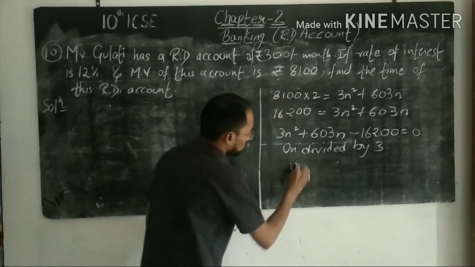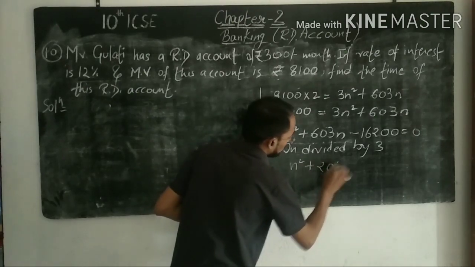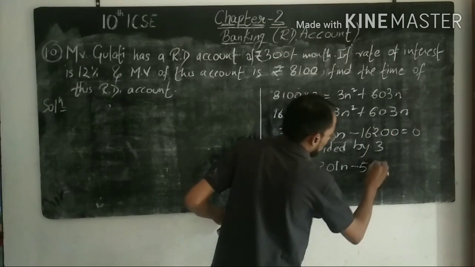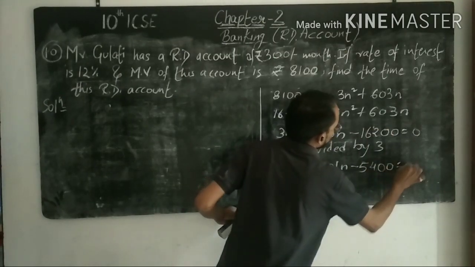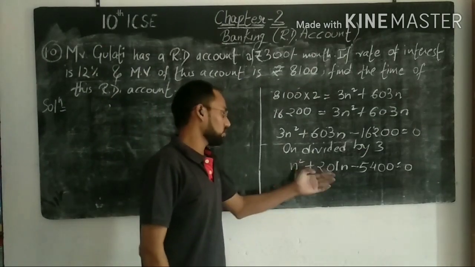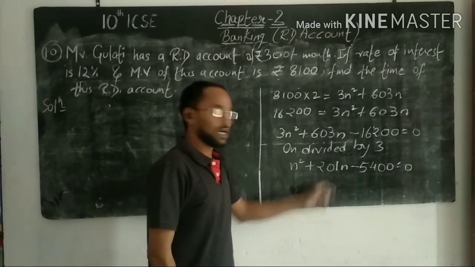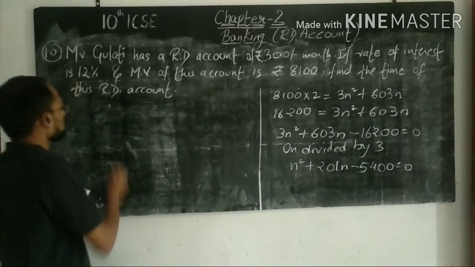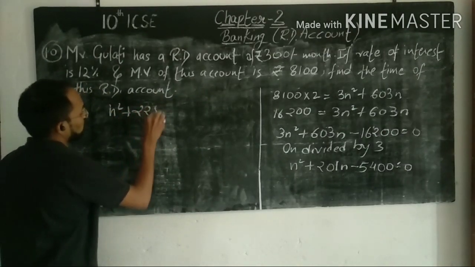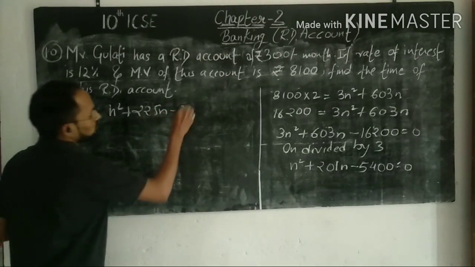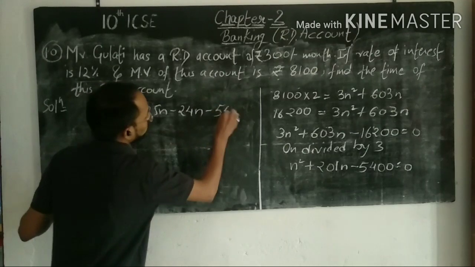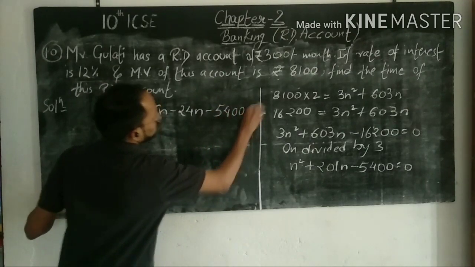So we get n square plus 201n minus 5400 equals 0. Now this is a quadratic equation, so we use the middle term breaking method, which is n square plus 225n minus 24n minus 5400, which is equal to 0.